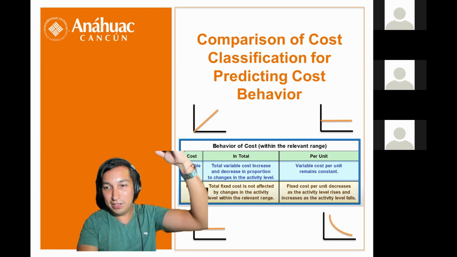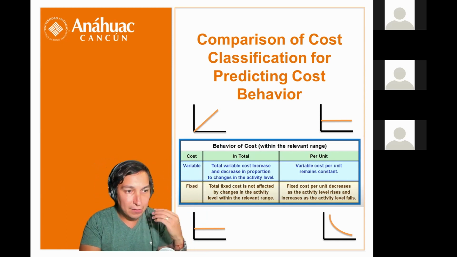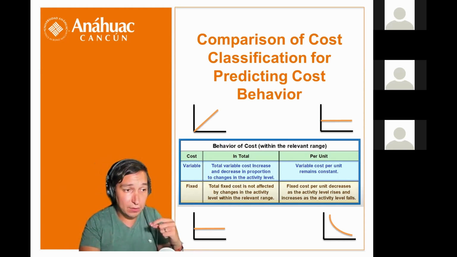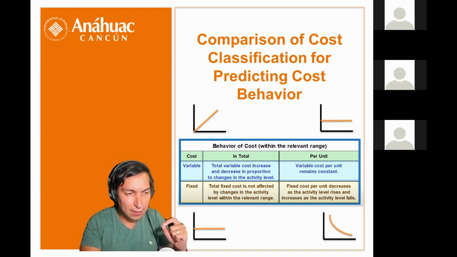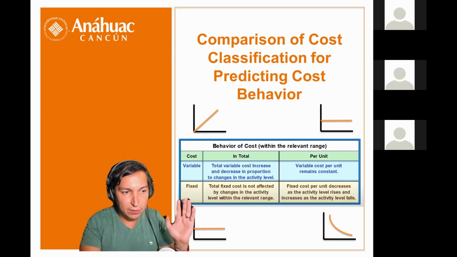That's the graph. $5 fixed. So again, activity is on the x-axis, and our variable cost is going to remain constant. So it's flat on a per unit basis. So it's $5 per unit. It stays flat whatever we produce.